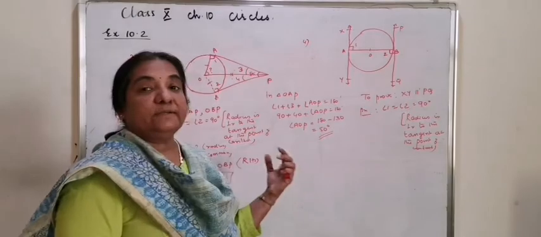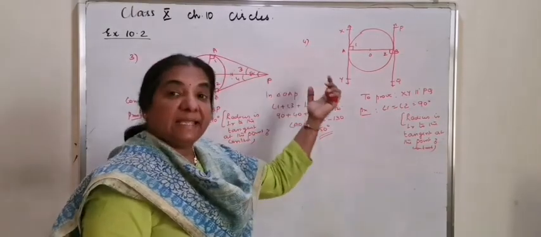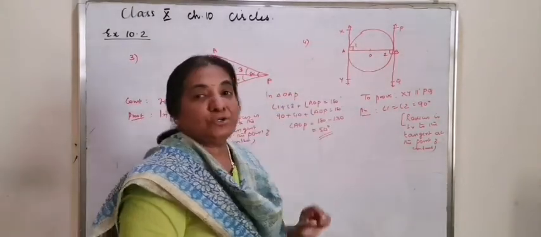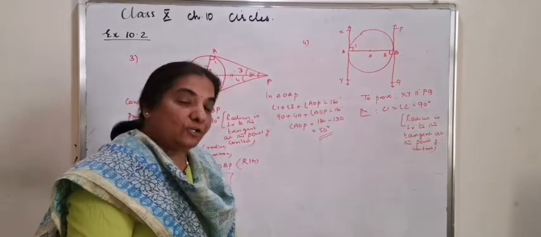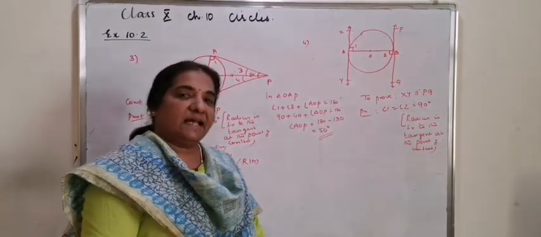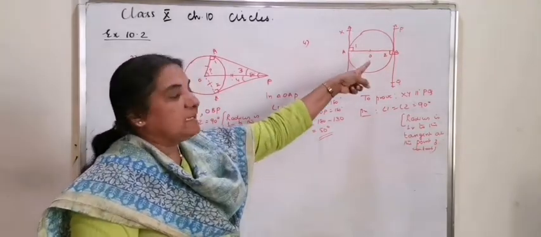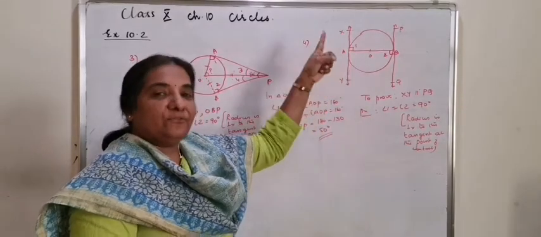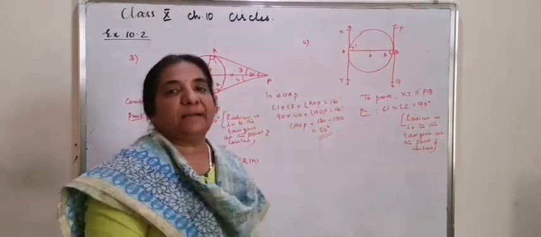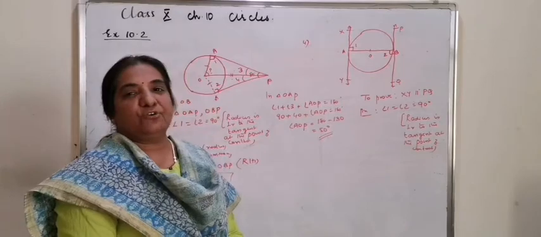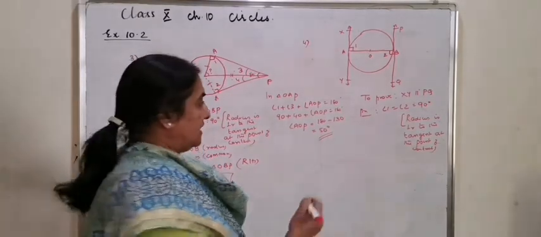But what type of angles are they? Angle 1 and angle 2 are a pair of alternate interior angles, and if alternate interior angles are equal, it shows that the lines are parallel by the converse of the alternate interior angles theorem.